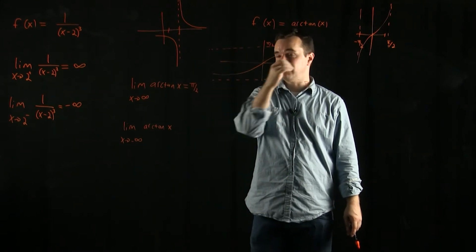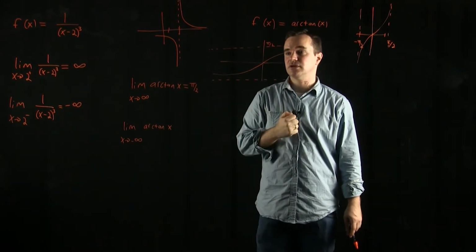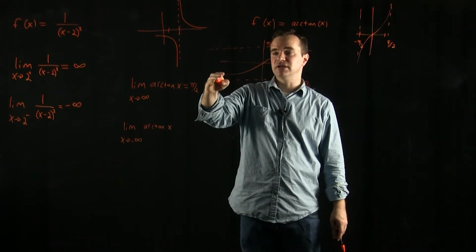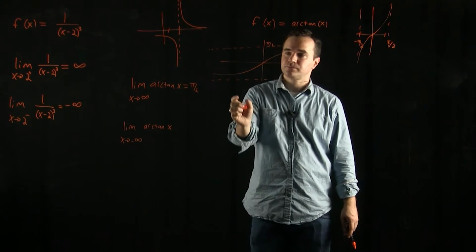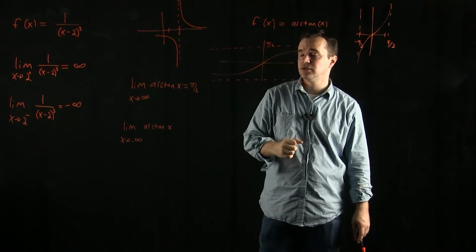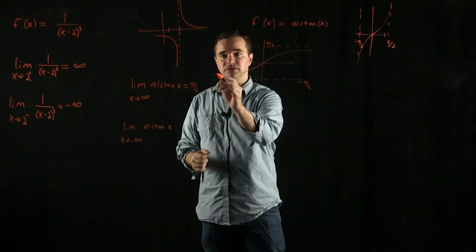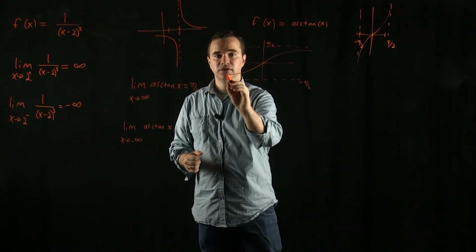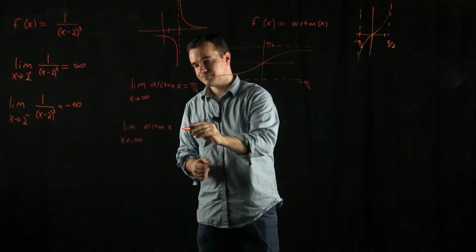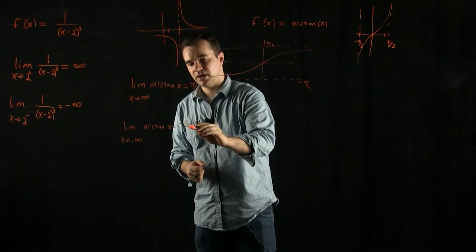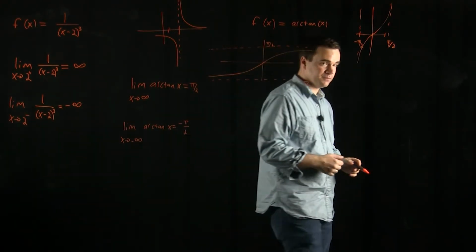And what's happening to the y values? Well, in this picture, you can see those y values are going to be getting closer and closer to that other horizontal asymptote. I didn't draw it completely to look like that, but you get the idea. And so this is going to be equal to negative pi over 2.